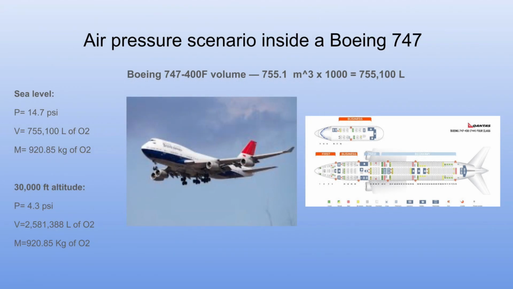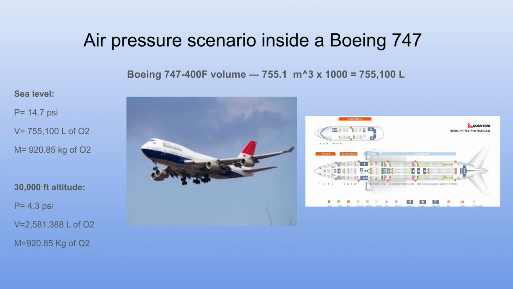So on account of Boyle's law, we have a Boeing 747-40F with a volume of around 755.1 cubic meters, which roughly translates to 755,100 liters of air. Right now, at sea level, there's an air pressure of around 14.7 psi, and the air mass inside the Boeing 747 is 920.85 kilograms of air.